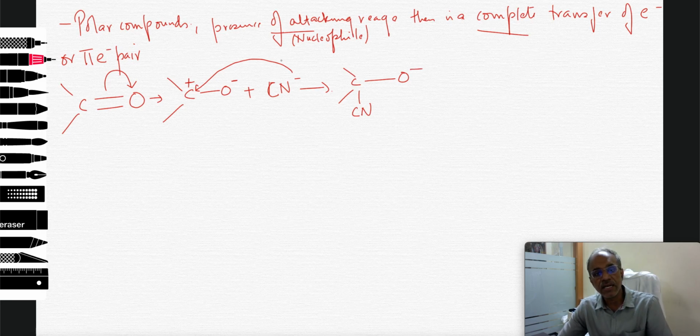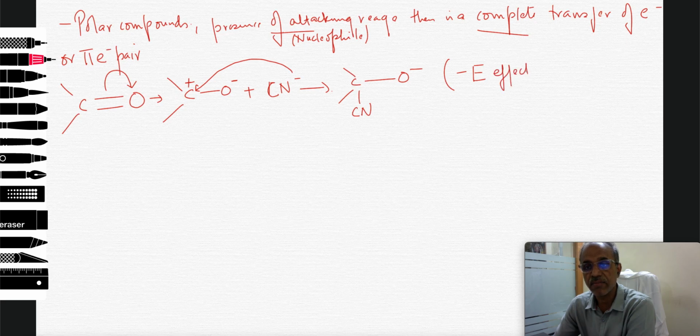That means the attacking reagent is going towards the positive charge. In the previous case, the negatively charged electrons were going towards the positively charged electrophile. So this will be known as minus E effect, or minus electromeric effect. That means here the attack takes place away from the reagent.